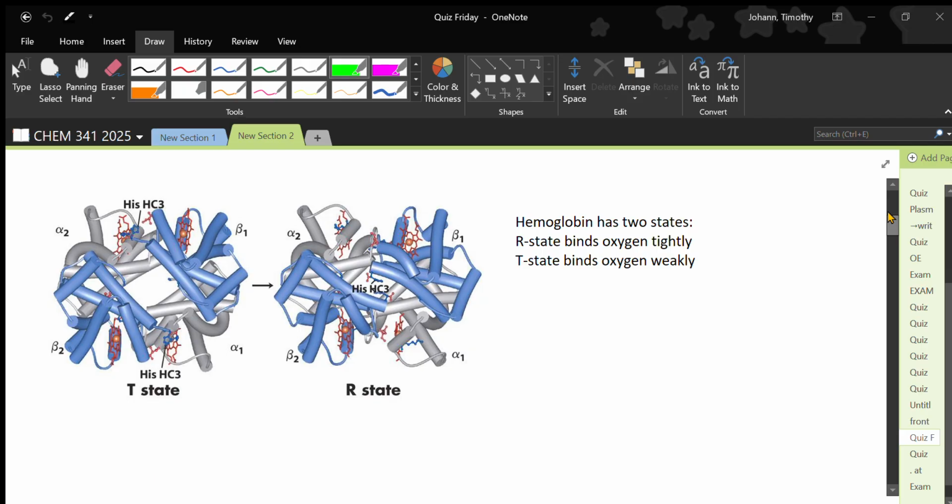For our very particular examples, carbon dioxide and protons, note that we have groups up here that are close together in the T state, and way down here as opposed to there and there in the R state. So for those specific examples we talked about, we have stabilizing interactions in the T state, but not in the R state because of distance.